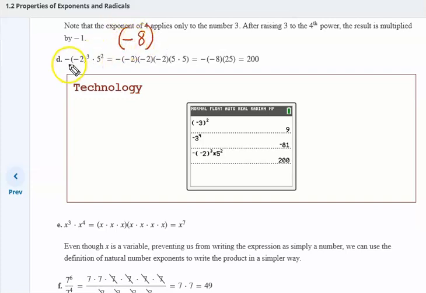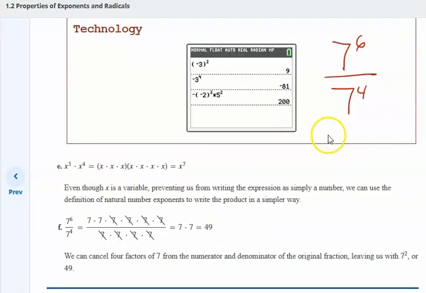That's what would be in the parentheses, but there's a negative in front of that, so this part eventually becomes a positive 8. And then it's times 5 to the second, which is 25. So 8 times 25 is a positive 200.